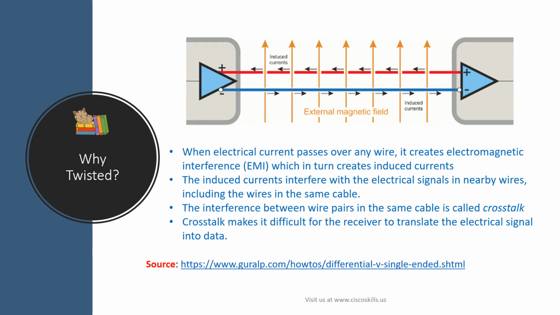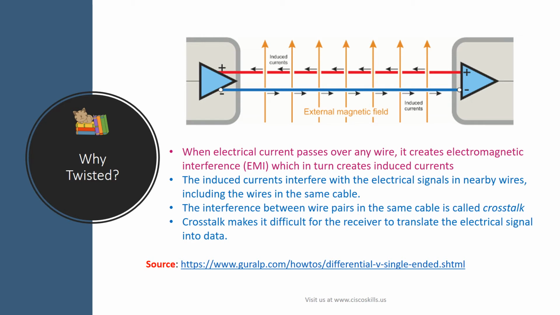To answer the question why twisted, let's first look at this picture where it shows the 2 wires, red and blue, running in parallel. Now, when electrical current passes over any wire, it creates electromagnetic interference, EMI, shown with the yellow arrows over here. The EMI in turn creates induced currents, shown as the black arrows over here.